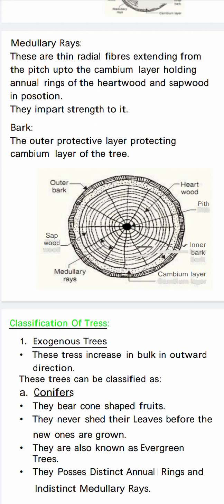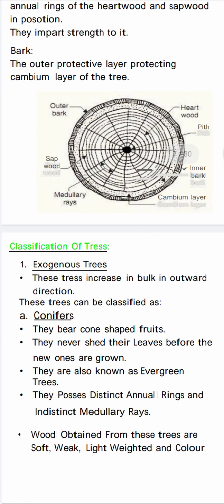Endogenous trees are trees which grow inward in a longitudinal fibrous mass.